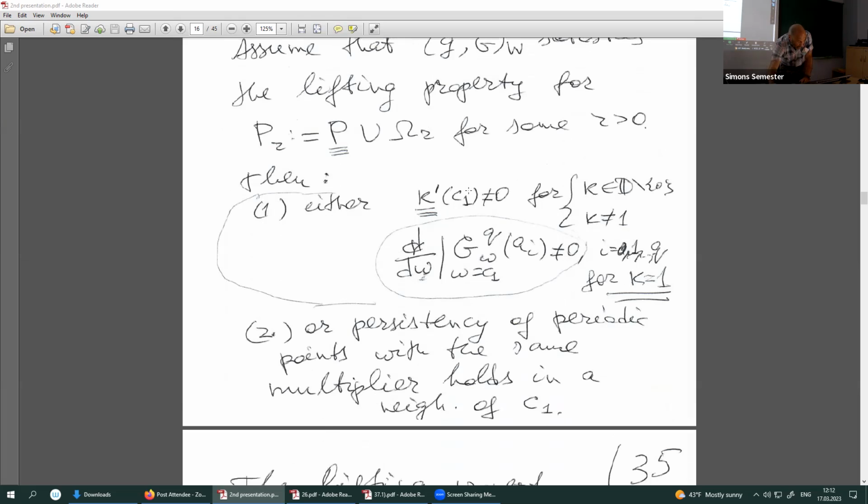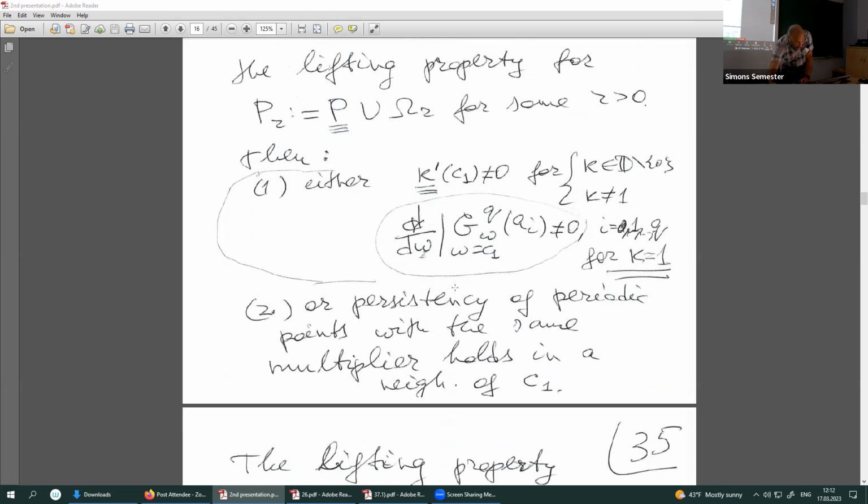Again, the same alternative. So either there is a persistence of periodic points with the same multiplier, which is amazing. So either the multiplier was some k at parameter C1, so there is a periodic orbit precisely with the same multiplier, or with multiplier 1 if it was 1, or there is a transversality in this sense.